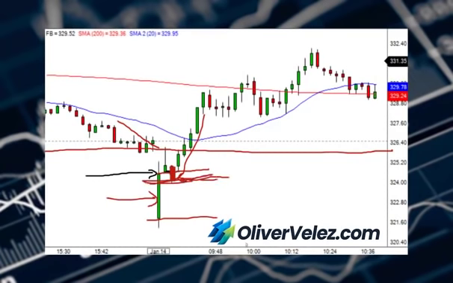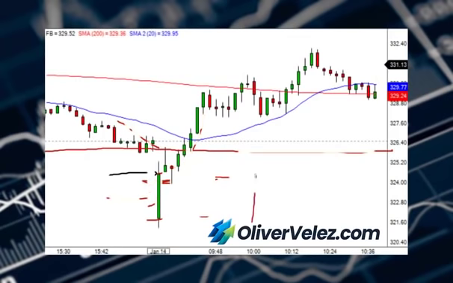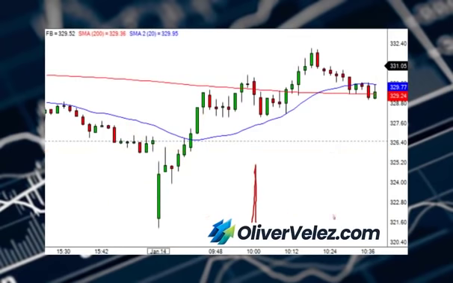The top of power bars is very, very powerful. It gets less and less as you get deeper, but the very top of it is really powerful. So you get a power bar to the downside like this, the very bottom of it is the most powerful in terms of resistance.